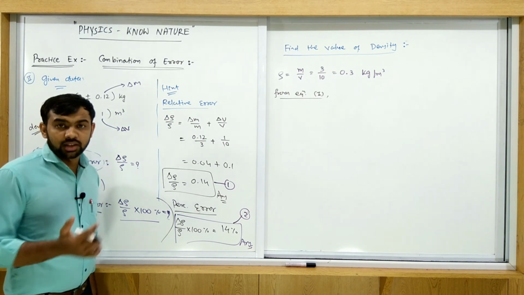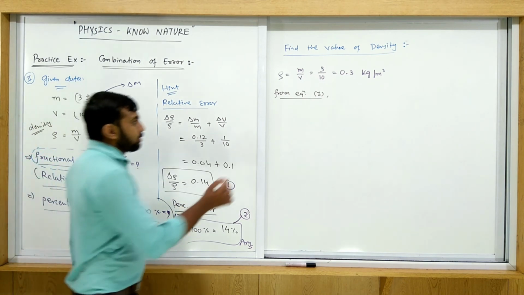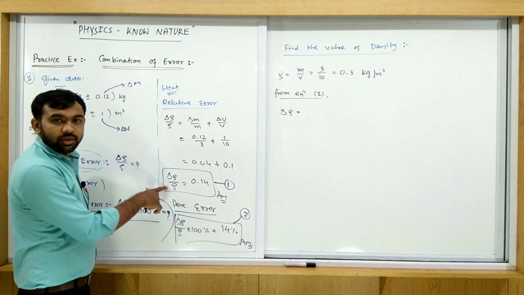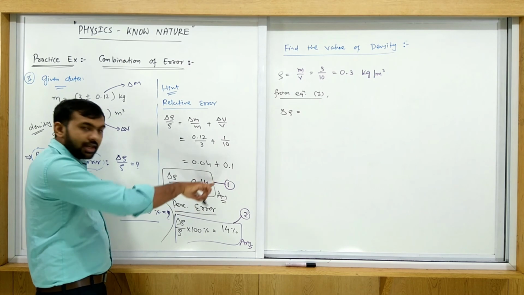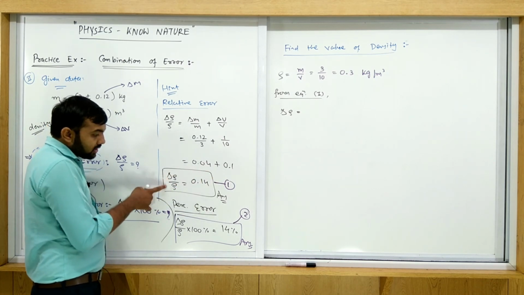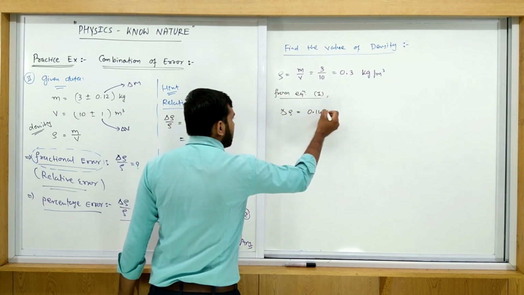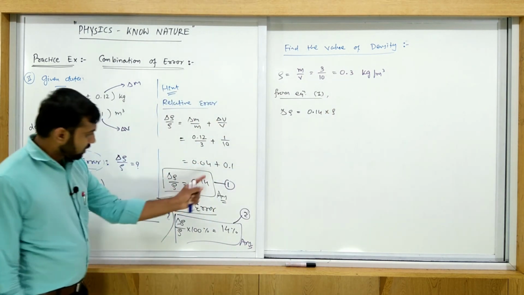That is the standard method to write it. So what is delta rho from here? Rho is in the denominator, so it comes here in multiplication. So 0.14 into rho, like this.